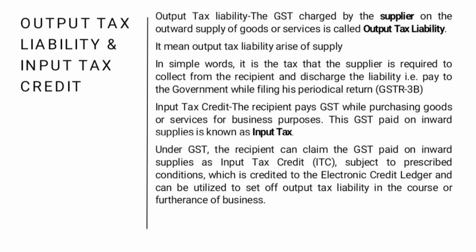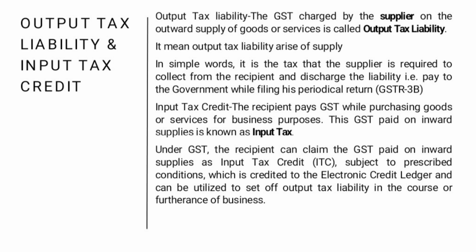I sell to you and I collect the tax from you. Whatever tax I collect from you will be paid to the government, and that is the output tax liability for me. I will discharge the liability to the government while filing my specified return, that is GSTR-3B. GSTR-3B is the return on which you will discharge the liability. It is the monthly return.